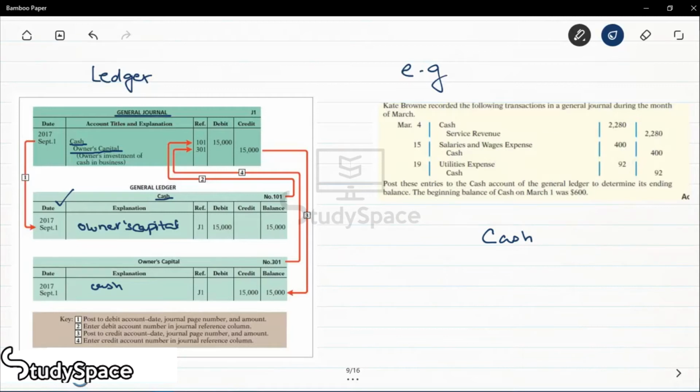This format that I've shown you in the example is called the 3-column format. Although a very common format, it is not often used, so I'm going to show you another format of the ledger account, which is going to be a single T account, as it is commonly known.